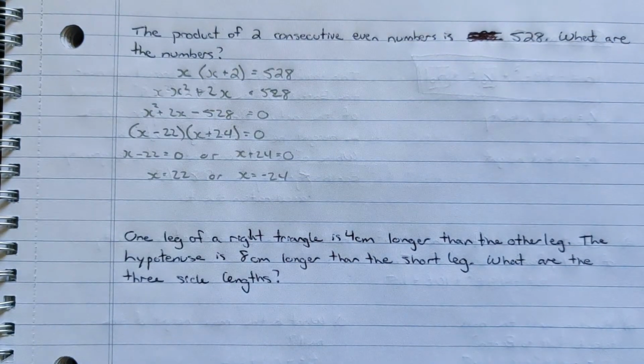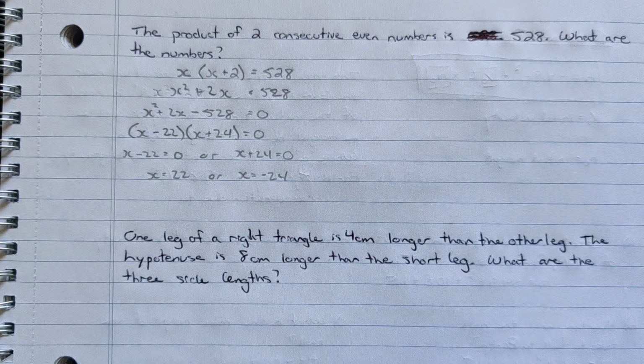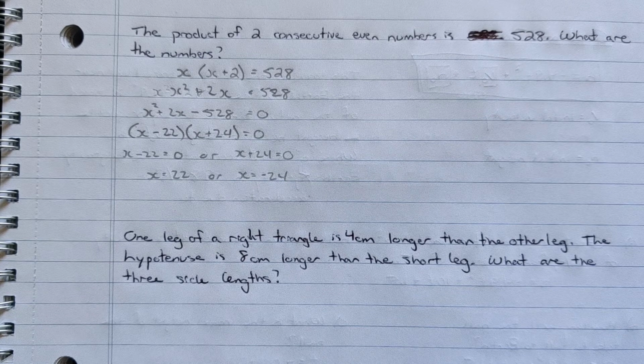So these are two possible numbers for x. So x is either 22 or x is negative 24. Now, these are not the two numbers because negative 24 and 22 are not consecutive numbers.